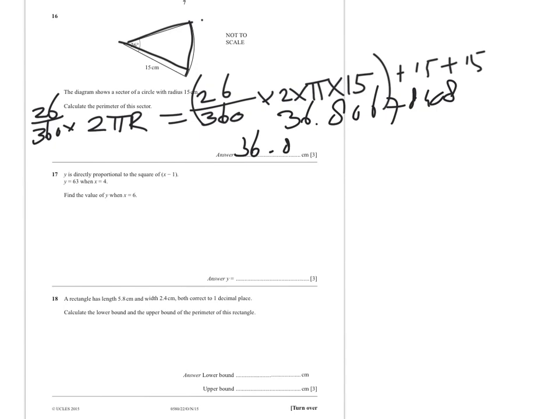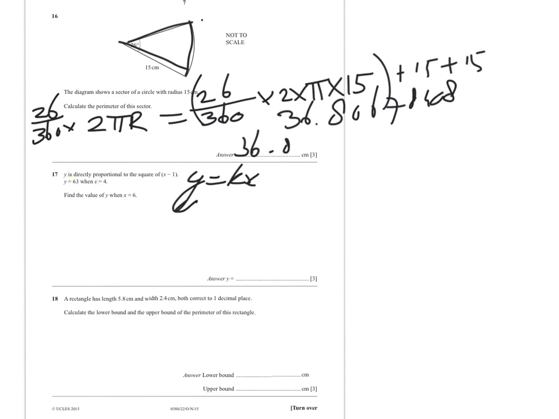First of all, you start by writing down y equals kx. That k stands for a constant, and we first need to find the constant before we can actually answer the question. Y, it says, is directly proportional to the square of x minus 1.